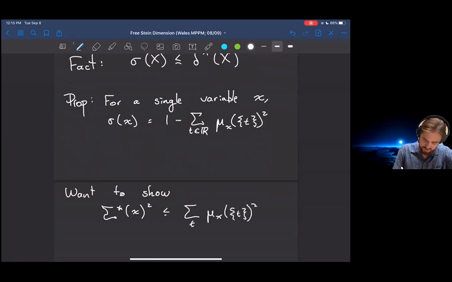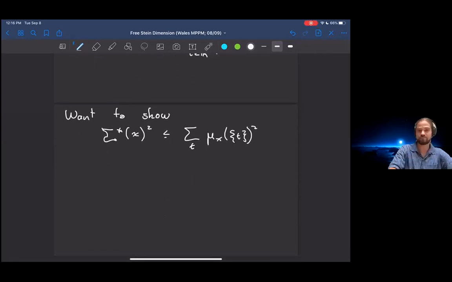Okay, and so that can be done just by writing down an explicit element in the domain of delta star or j star. Of course, for a single variable, they're the same operator. And so how do we do that? Well, it turns out that one can just find explicitly something that is going to work well.